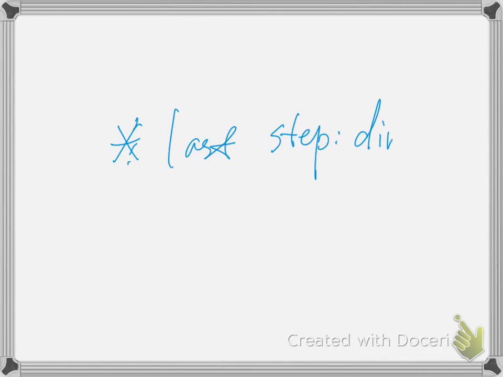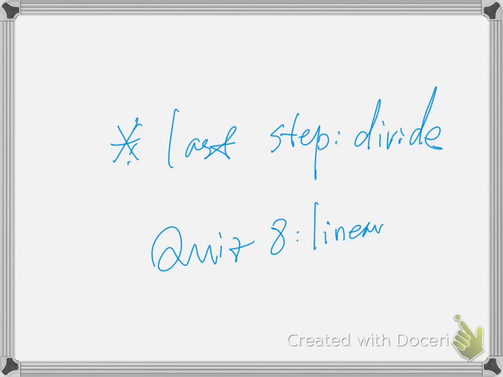This is the most important: the last step is division. Divide by the multiplier of x. So that's it. Try quiz 8, the linear equation quiz, online in the web work.